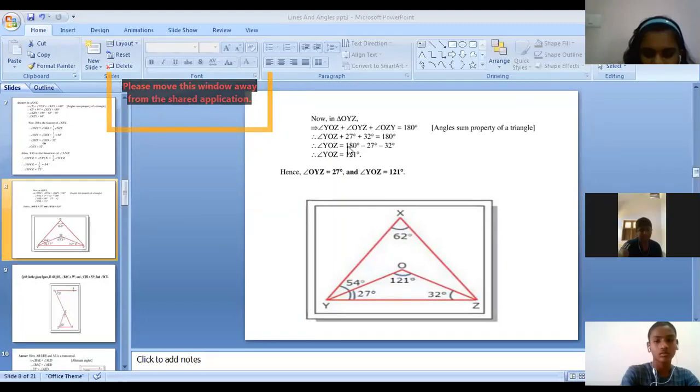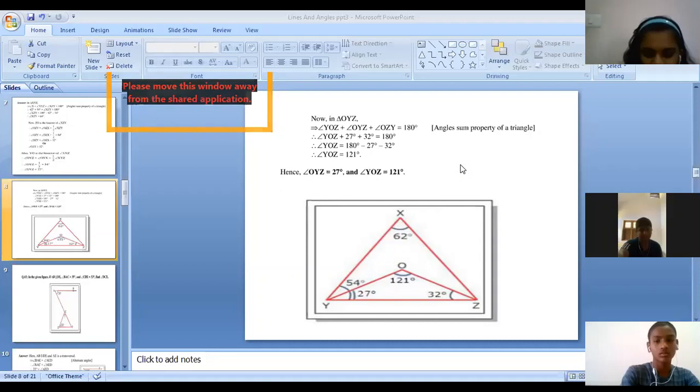When you subtract, it gives 121. Therefore, the required angles: angle OYZ is 27 degrees and angle YOZ is 121 degrees.